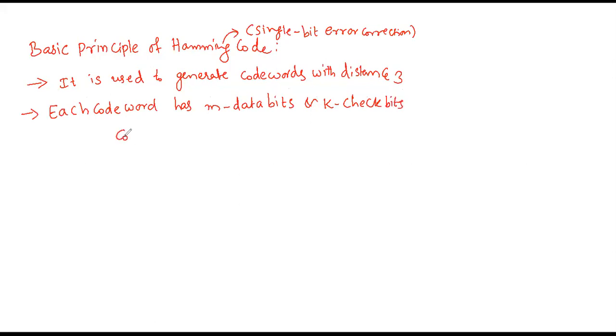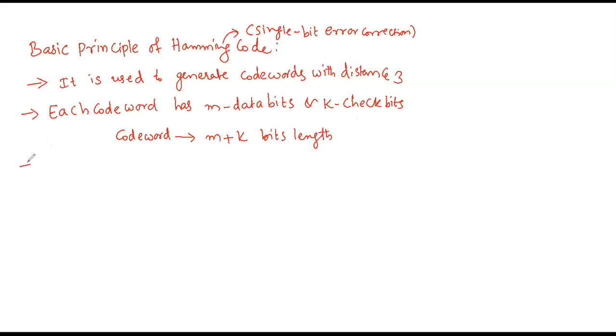So each code word is equal to m data bits and k check bits. So totally m plus k bits are present. Code word length is m plus k bits.